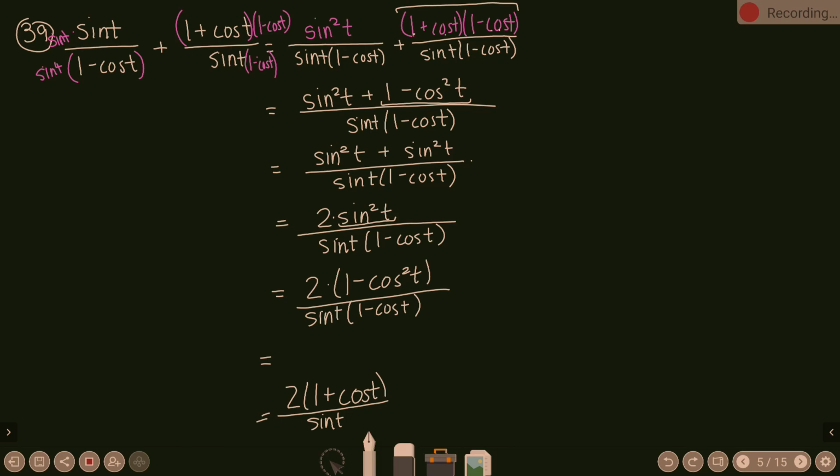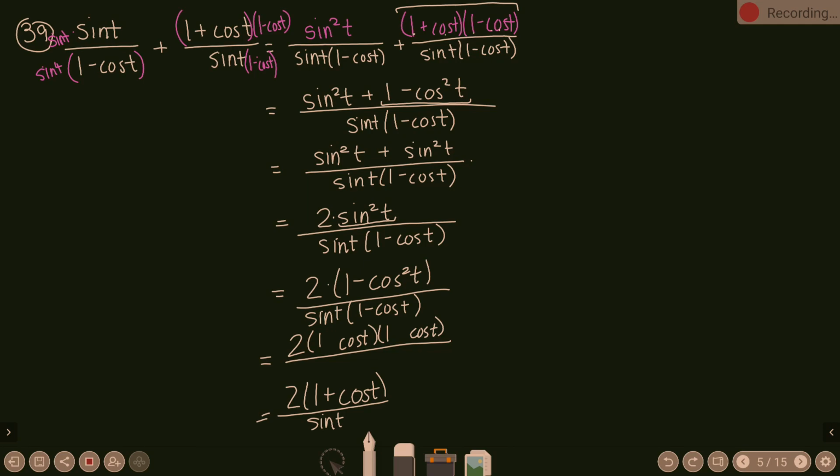Okay, so the 2 stays on top. 1 breaks into 1 times 1. Cosine squared is going to break into cosine t times cosine t.